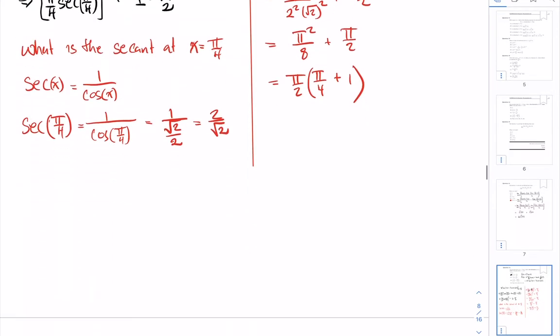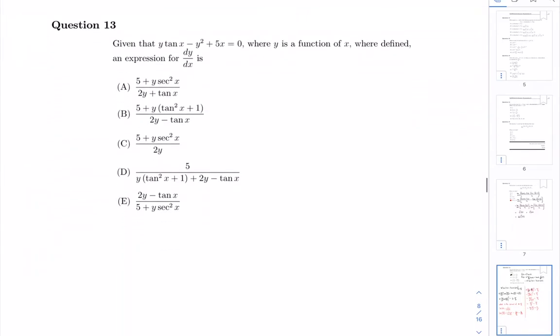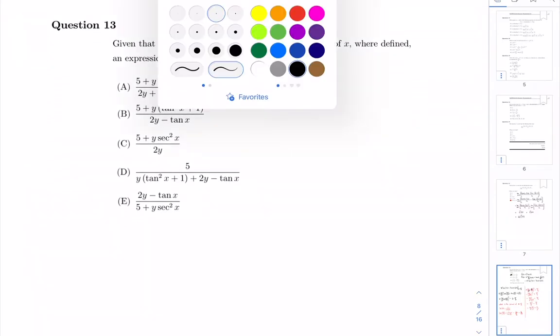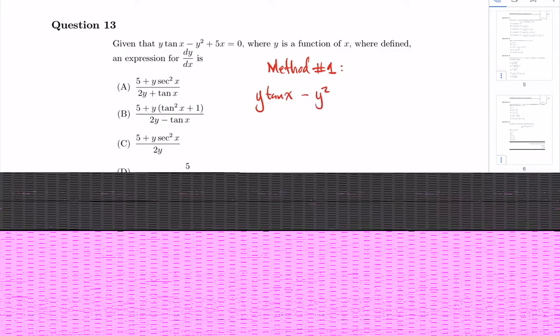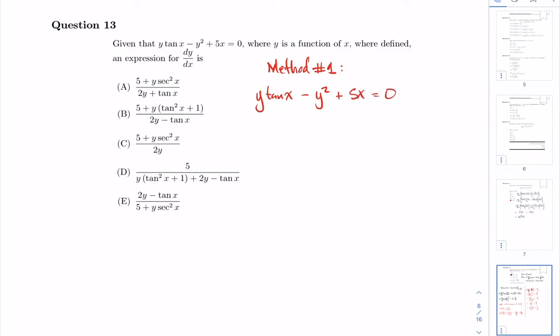Moving right along, we now take on question number 13, and it's important to recognize that here we're going to perform implicit differentiation. I'm going to give you method 1. For method 1, we take our equation y times tan of x minus y squared plus 5x equals 0, and we differentiate each term in the expression.